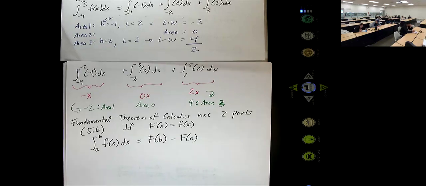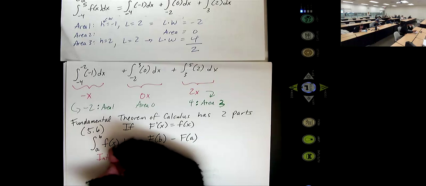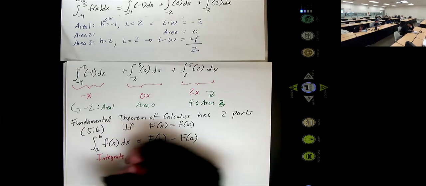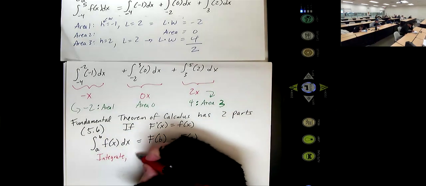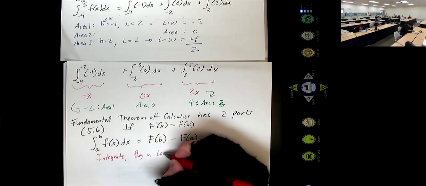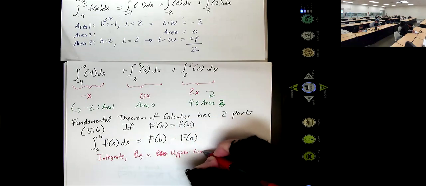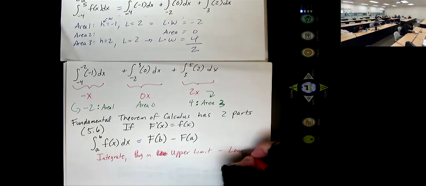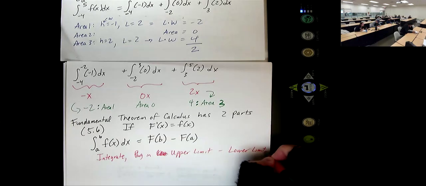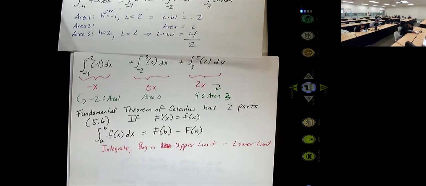So integrate, then plug in the upper limit, b, minus the lower limit, a.